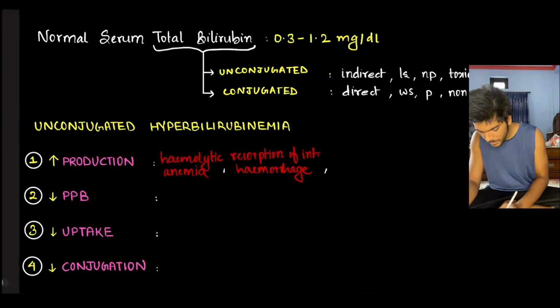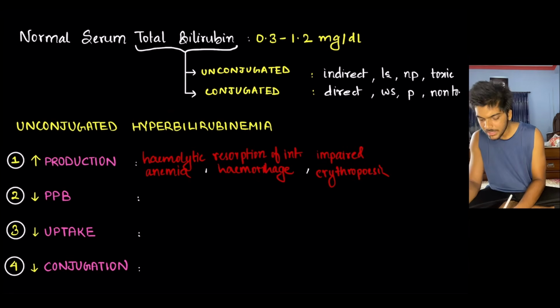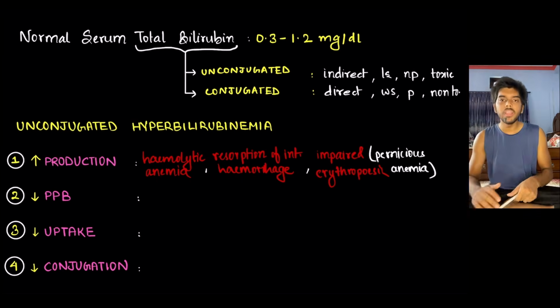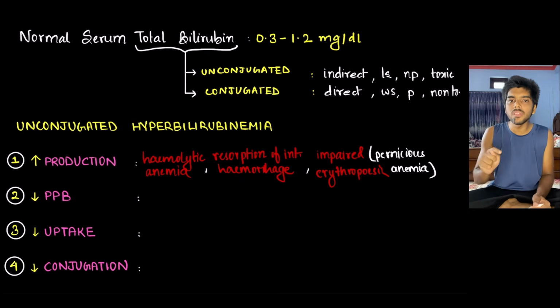Third, impaired erythropoiesis, or defect in erythropoiesis. Let's take an example of pernicious anemia. What happens in pernicious anemia? In pernicious anemia, there is increase in the rate of production of erythrocytes in the red bone marrow, or there is accelerated erythropoiesis.